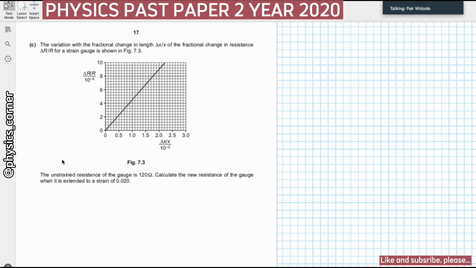This is delta R per R in times 10 to the power negative 2, and this is also delta x per x in 10 to the power negative 2. The unstrained resistance of the gauge is 120 ohms. Calculate the new resistance of the gauge when the extension strain is 0.02.